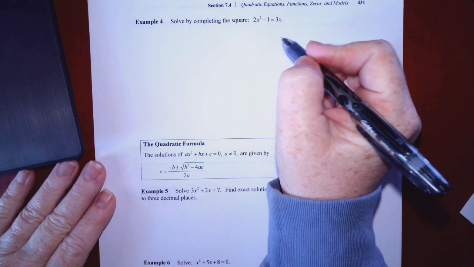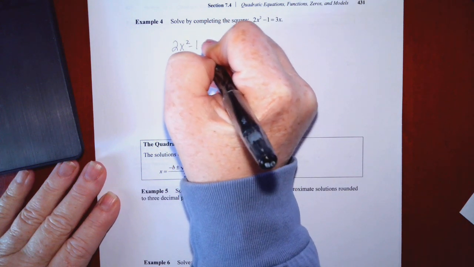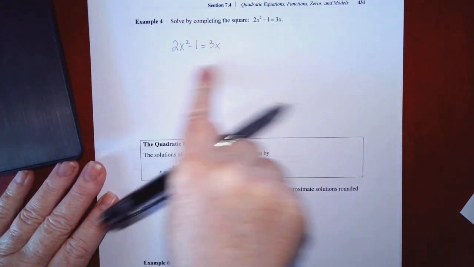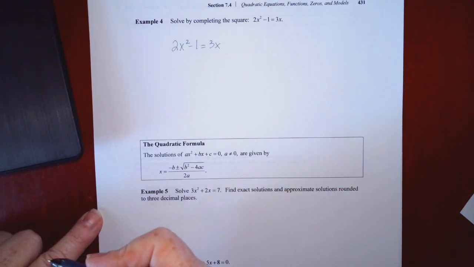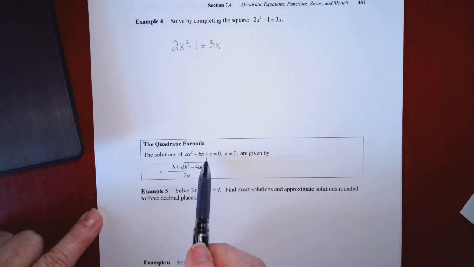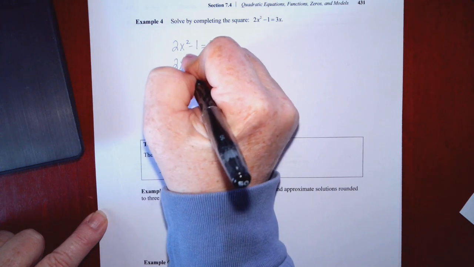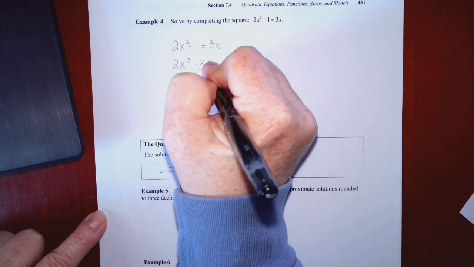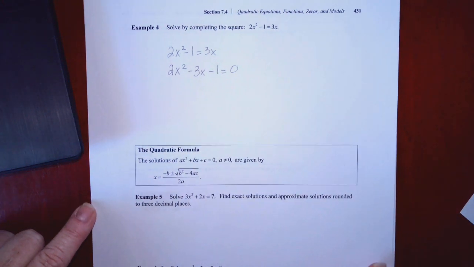So on that one that we just did, we already solved it using completing the square. If I wanted to use the quadratic formula on that same equation, rather than moving the constant to one side, we get everything on one side equal to 0. To use the quadratic formula, you need to set everything equal to 0. So we would have 2x squared minus 3x minus 1 equals 0.